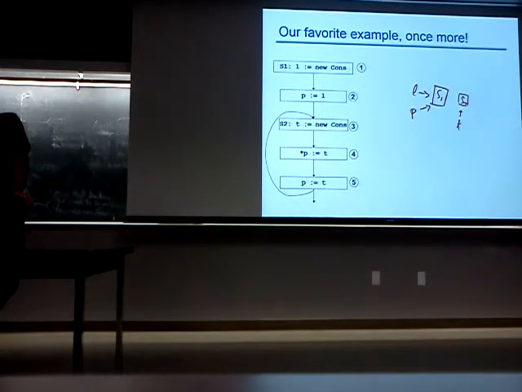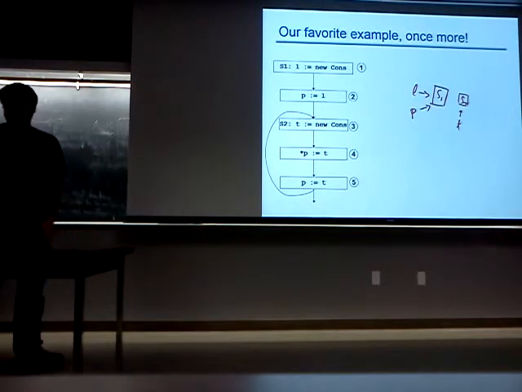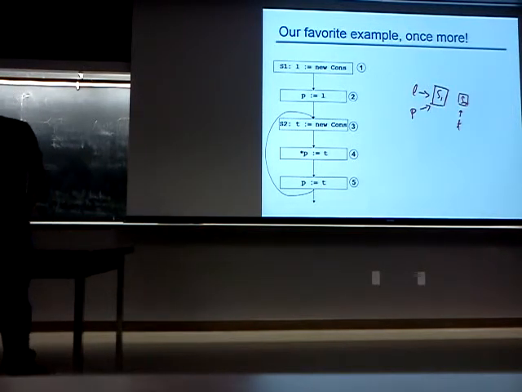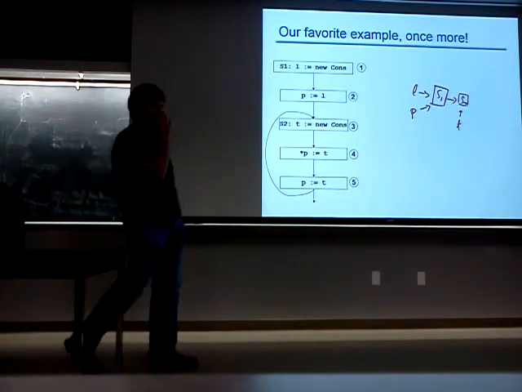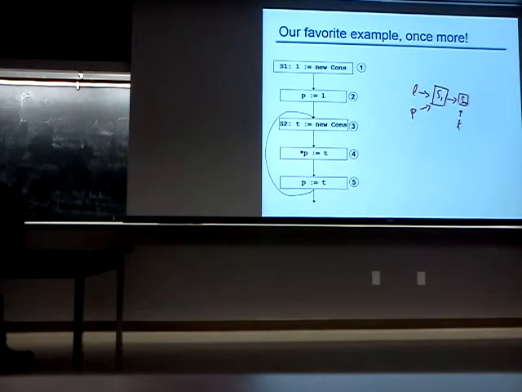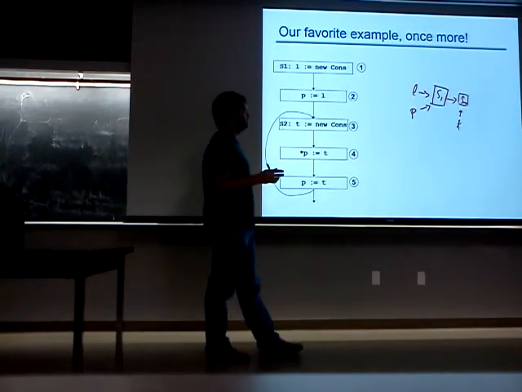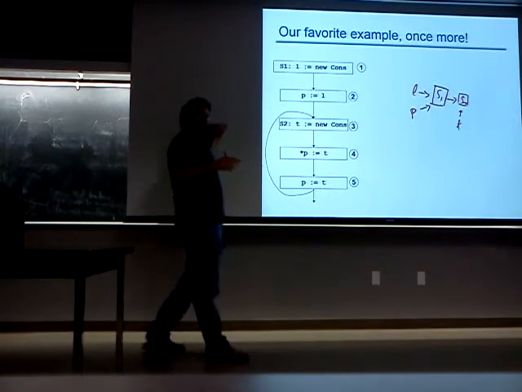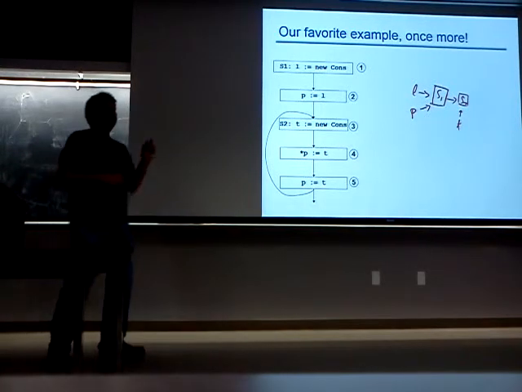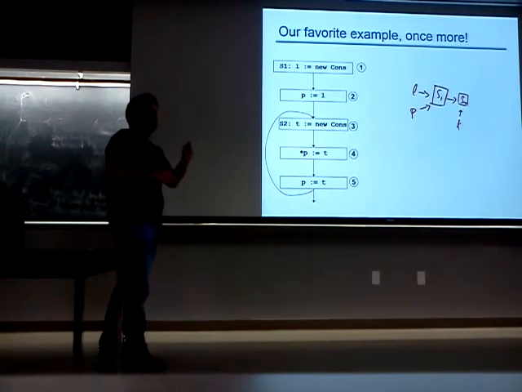Star P gets T. Okay, the invariant is that you allow one node to be pointed to by multiple things.